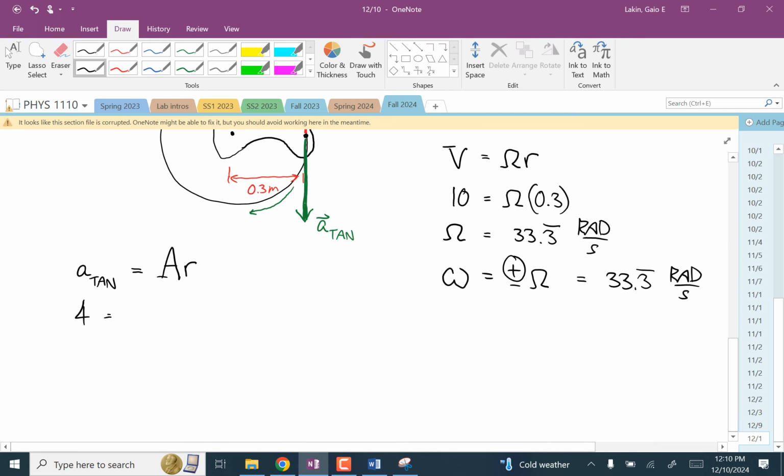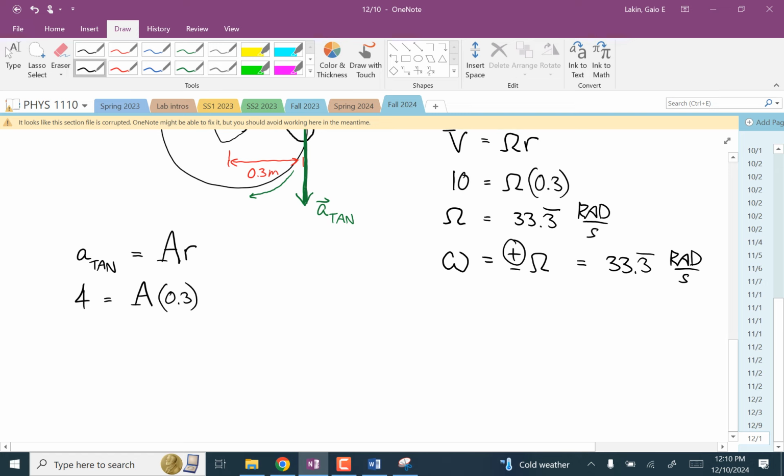So 4 is equal to a times 0.3. And so a, the absolute value of the angular acceleration, is 13.3 repeating radians per second squared.